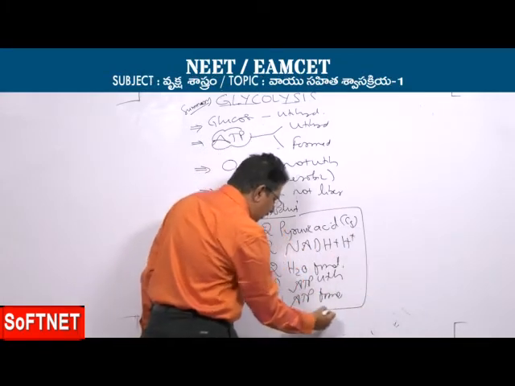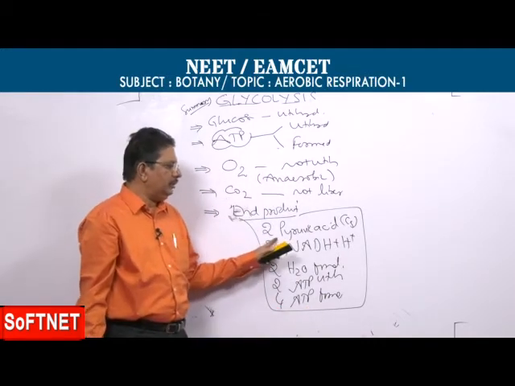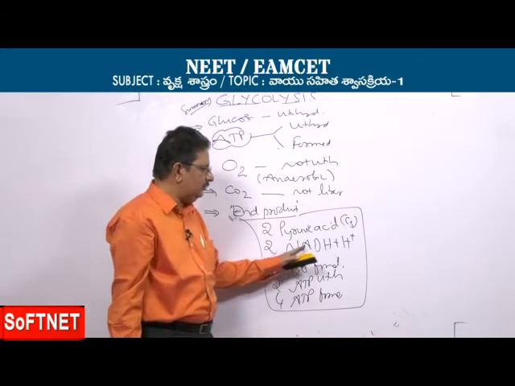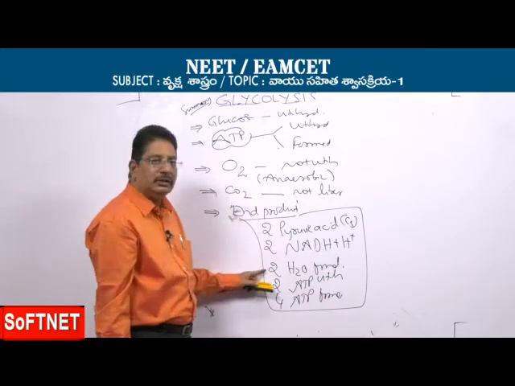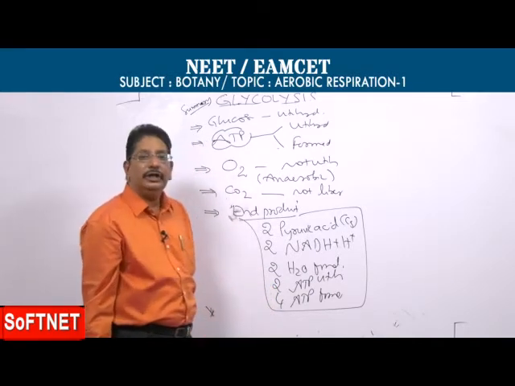So, the end products of the EMP pathway are 2 pyruvic acids, 2 NADH plus H plus, 2 water molecules; 2 ATP are utilized and 4 ATP are formed.